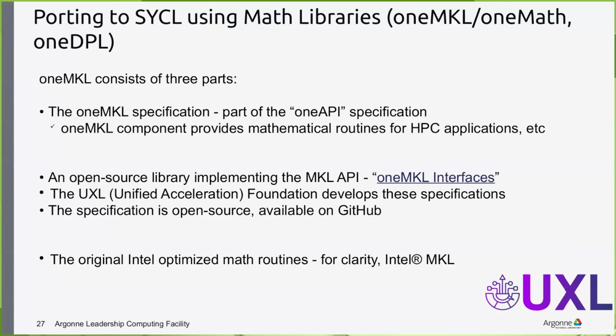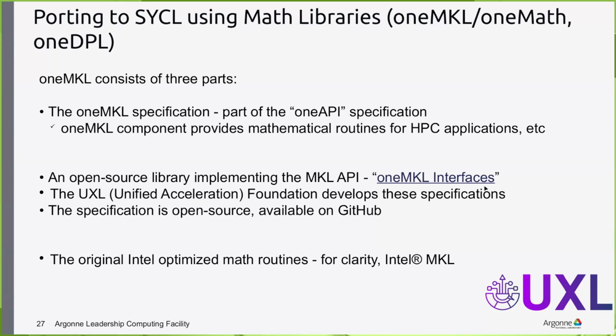Porting from CUDA to SYCL is not straightforward without the library support. oneMKL has several parts. You might hear oneMKL from Intel, which is a product version. It is closed source and can run only on Intel GPUs. But there is another open source version called oneMKL Interfaces.